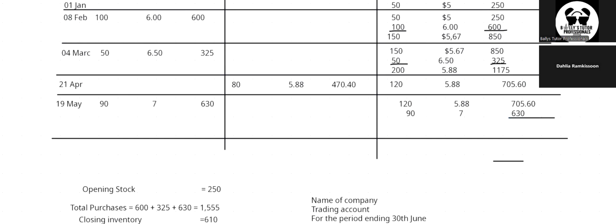And I'm going to divide it by my total units, which will be 120 plus 90. That's 210, right? So now we're going to take my total cost divided by my total units, and that'll give me my new average cost, $6.36.